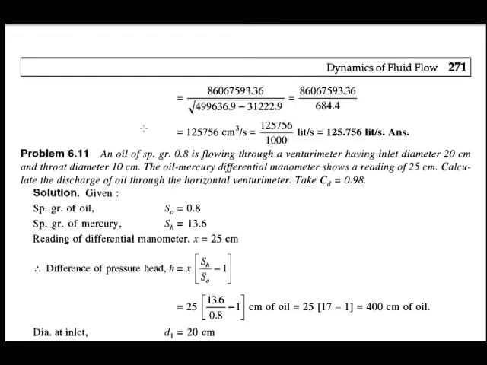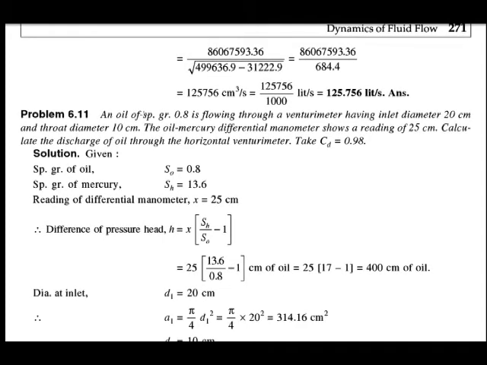The problem is: an oil of specific gravity 0.8 is flowing through a venturimeter having inlet diameter 20 cm and throat diameter 10 cm. The oil mercury differential manometer shows a reading of 25 cm.